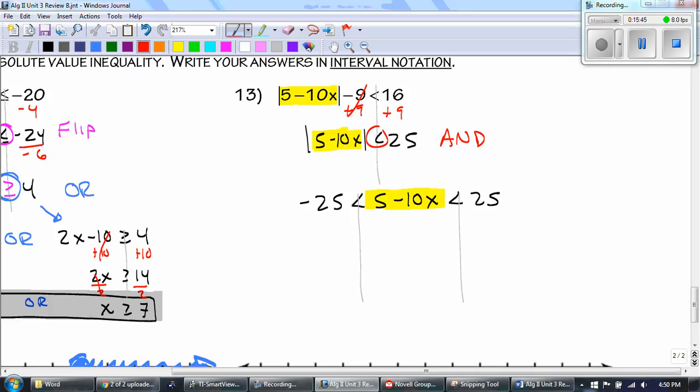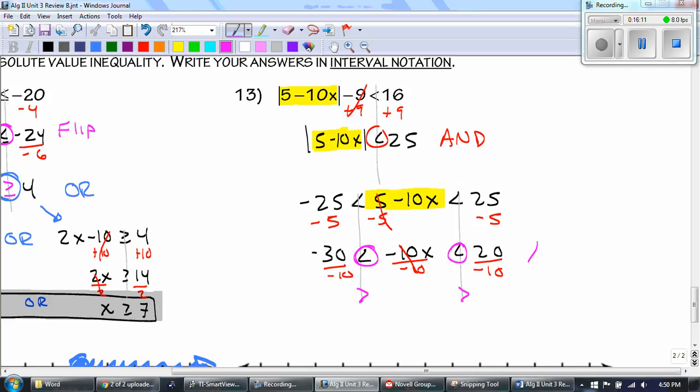Okay, and then we solve. Subtract the 5 from all three sides. You get negative 30 is less than negative 10x, which is less than 20. I divide by negative 10, and before I write my answers, I just divided by a negative, so I have to flip.